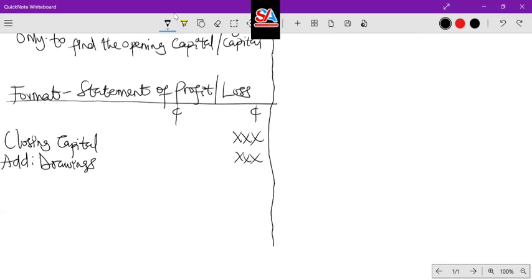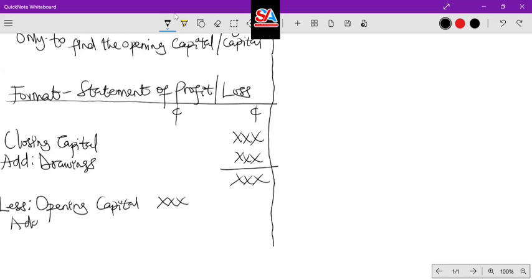If you add the drawings, then you less opening capital, right? You less opening capital. Then additional capital would also be included to this.